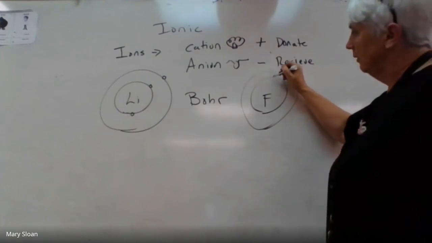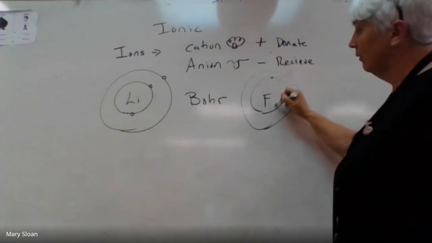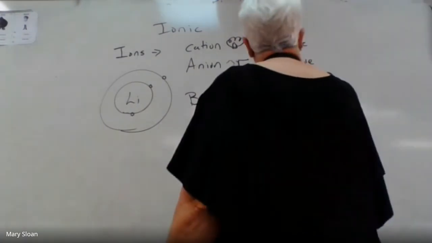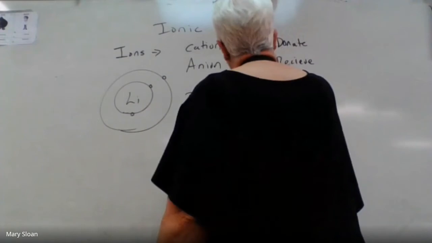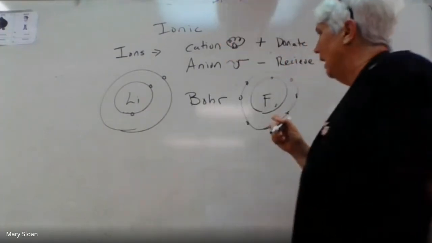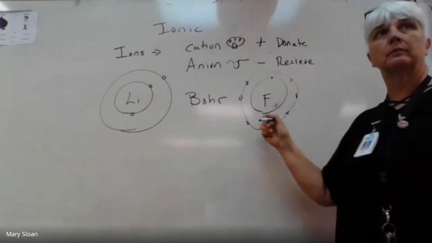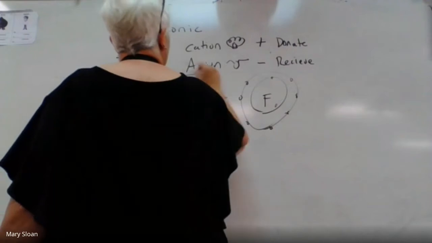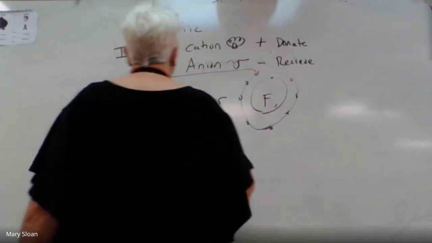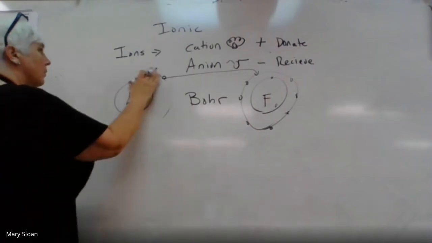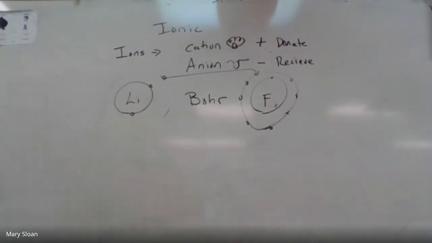I got 2 dots on the inner one. Then I have 7, 1, 2, 3, 4, 5, 6, 7, because it's a halogen. How many does fluorine want? One. So it bonds with one of them. It actually goes here, and that electron goes out, and now they are happy.